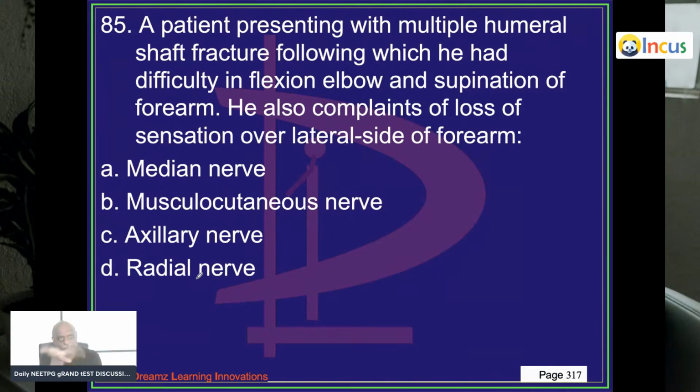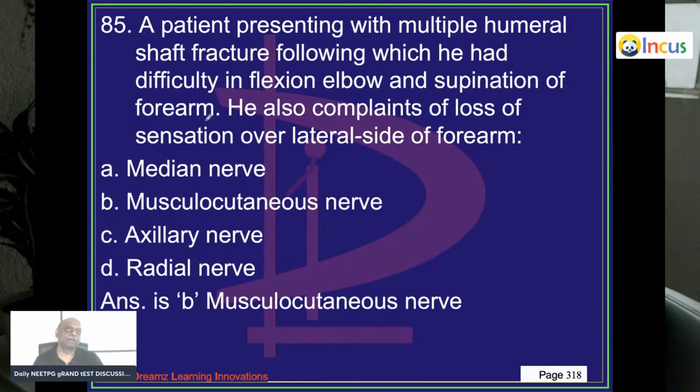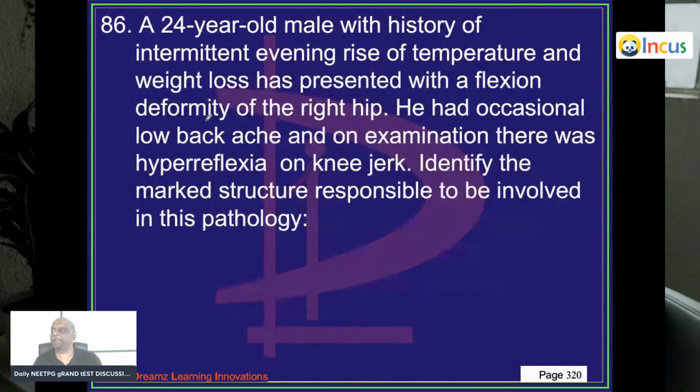Biceps is the main supinator when you flex the elbow. Supinator is the main supinator when you extend the elbow. So if you have difficulty in flexion of the elbow and supination of the forearm, that is the reason it is musculocutaneous nerve and biceps brachii. Right? This is one of the favorite questions of the examiner.